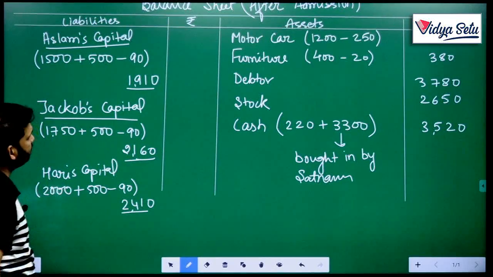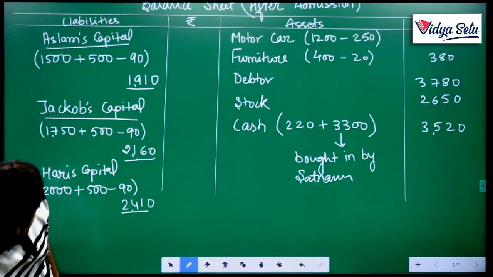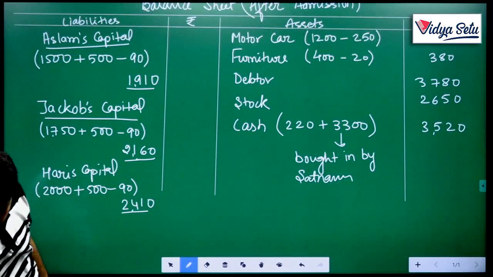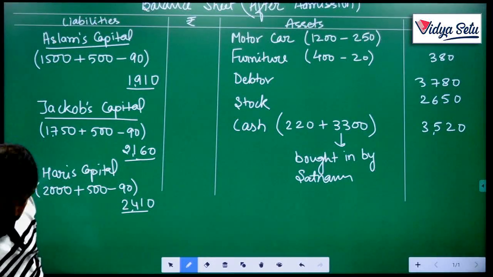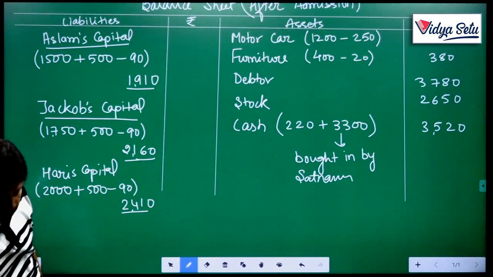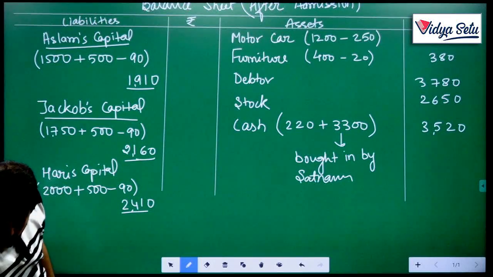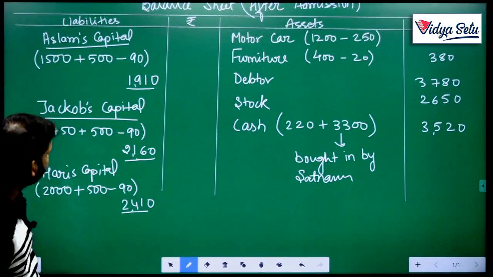So the total capital comes to 1910 plus 2160 plus 2410, 6480.